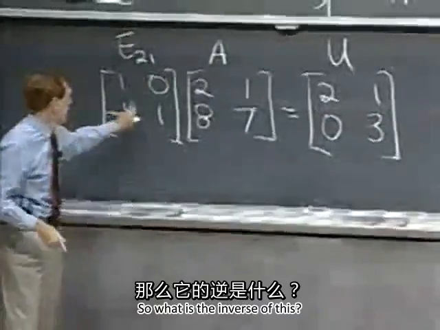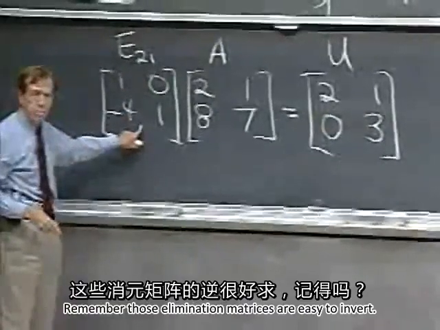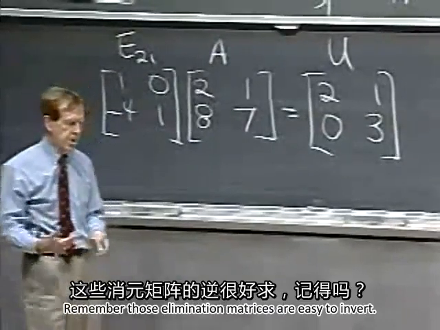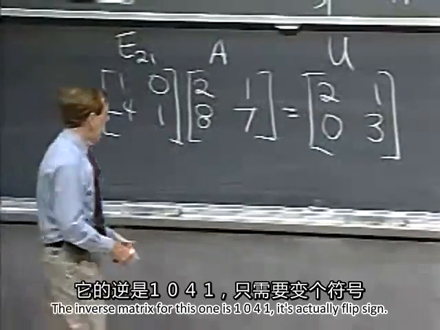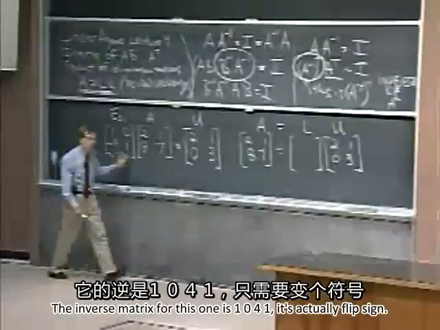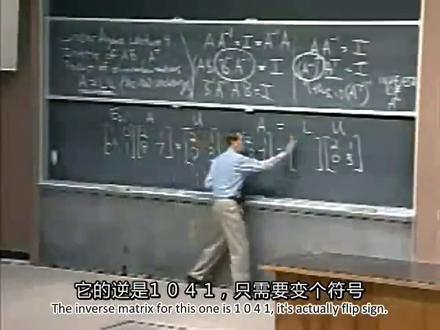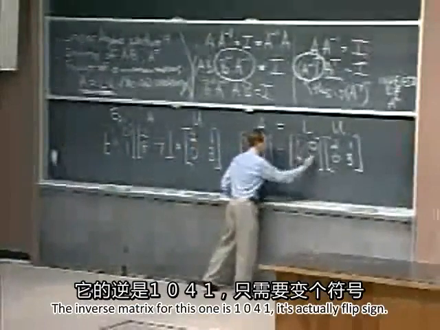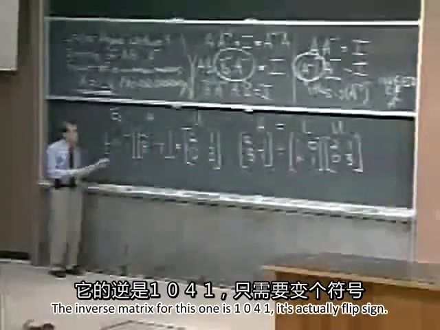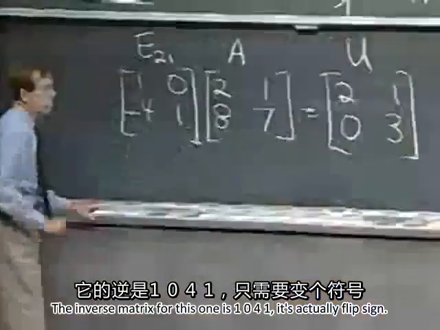So what is the inverse of this? Remember that those elimination matrices are easy to invert. The inverse matrix for this one is 1, 0, 4, 1. It has a plus sign because it adds back what this removes.